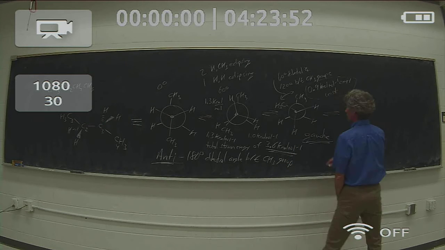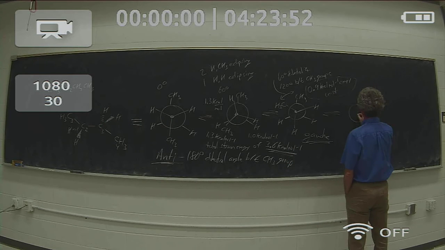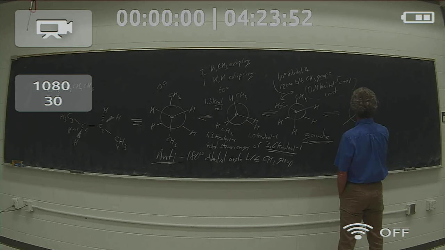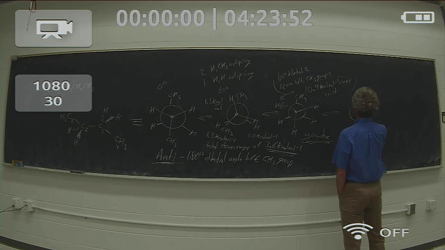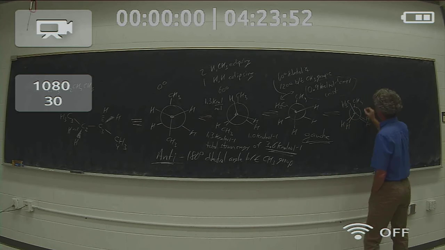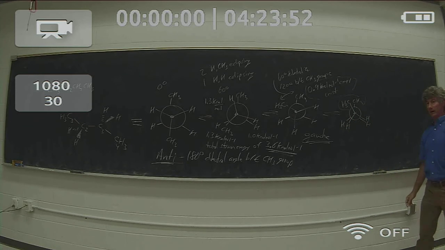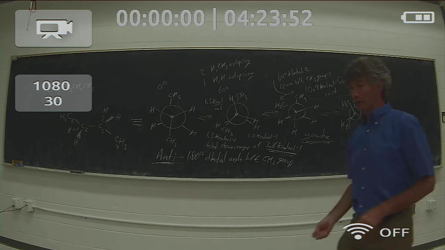We can rotate this again, and we can get to our 180-degree conformer. You'll notice that now we have the two methyl groups eclipsed with each other.